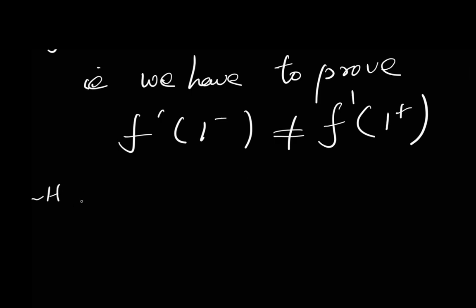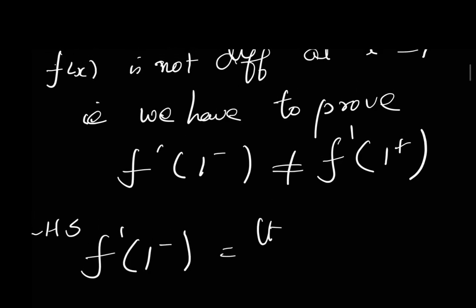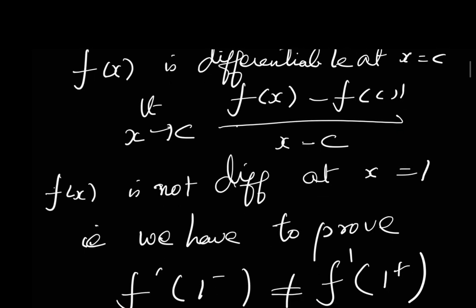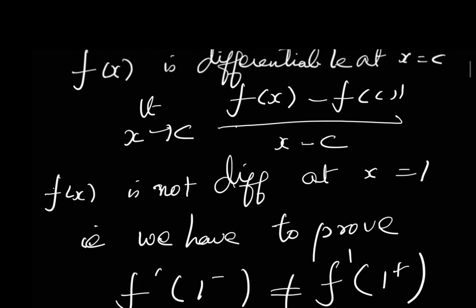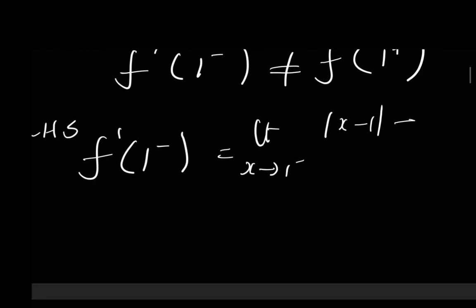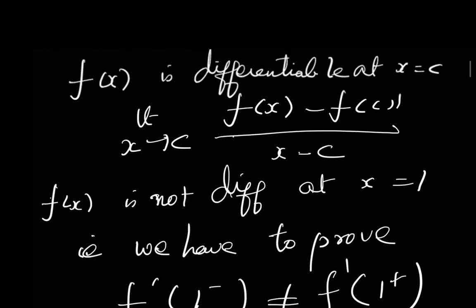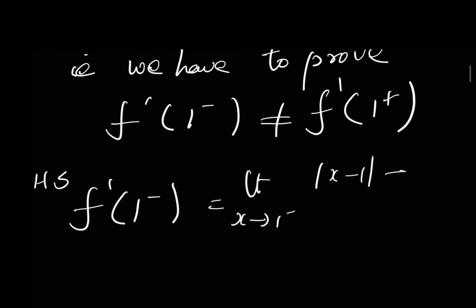First let me take the left hand side, f dash of 1 minus. According to the formula, this is limit x tends to 1 minus of modulus of x minus 1 minus f of 1, where f of 1 is 1 minus 1, which is 0, divided by x minus 1.